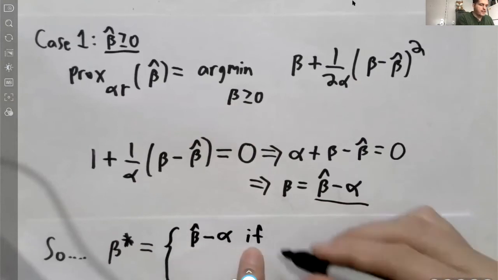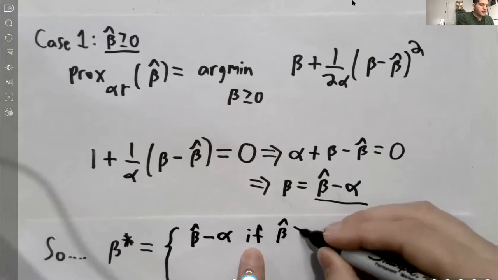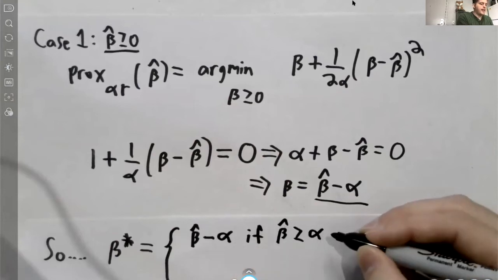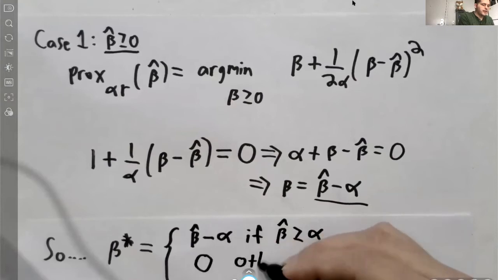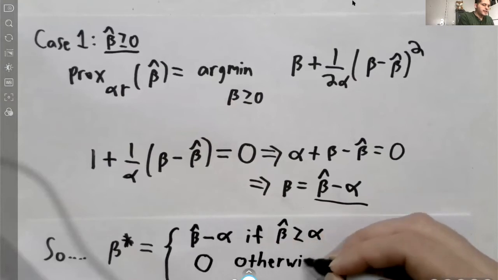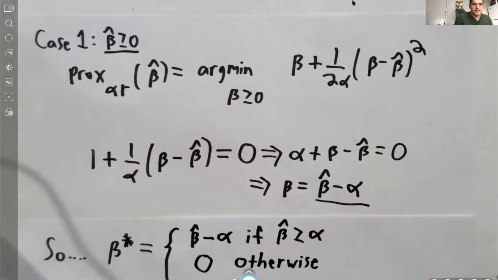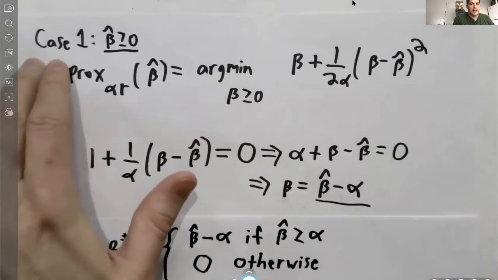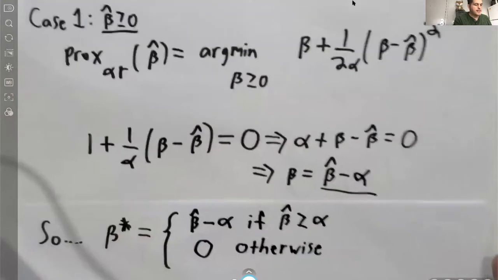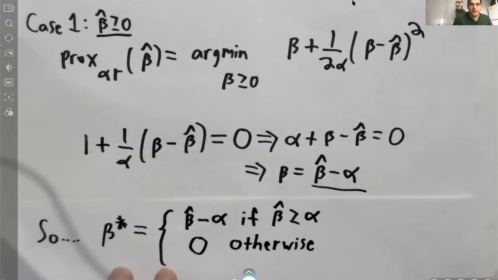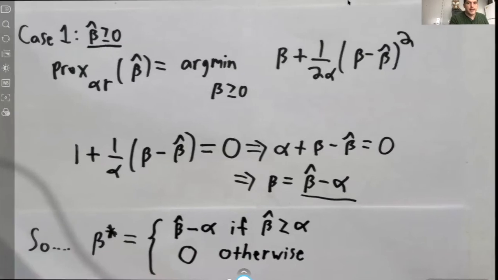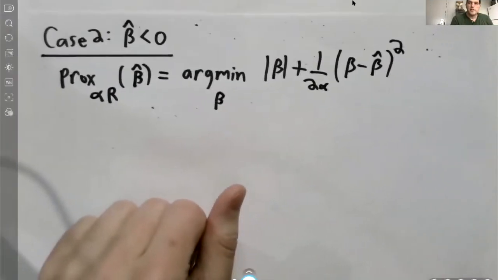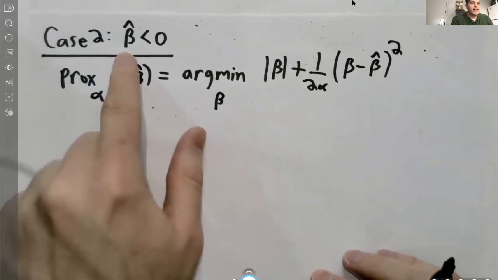In other words, if beta hat is greater than or equal to alpha, and beta star is equal to 0 otherwise. That's what we've discovered. In case 1, where beta hat is non-negative, this is a nice explicit formula for the proximal operator. This is the answer. Now what about case 2, where beta hat is negative?